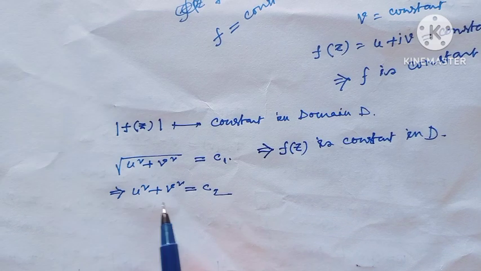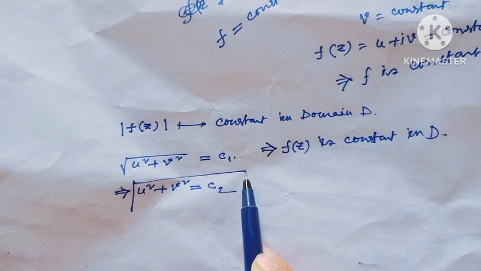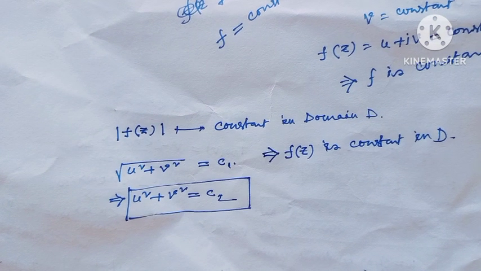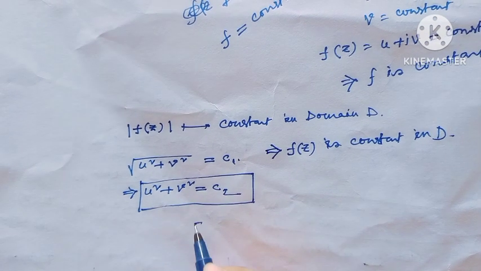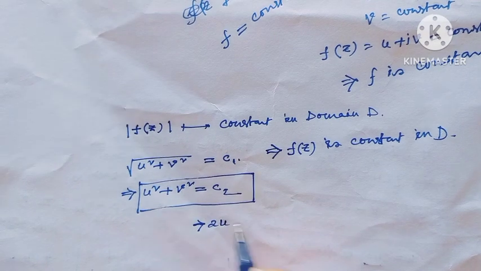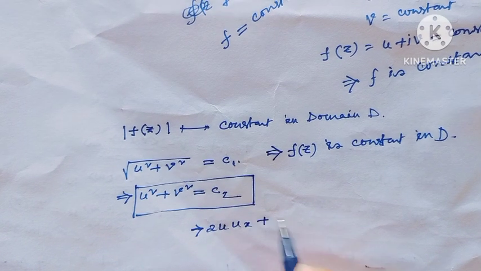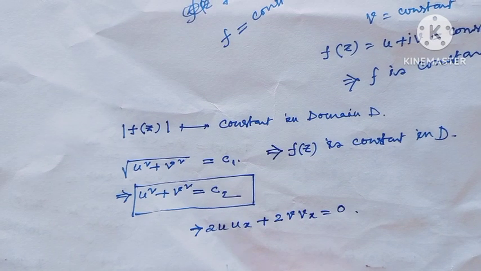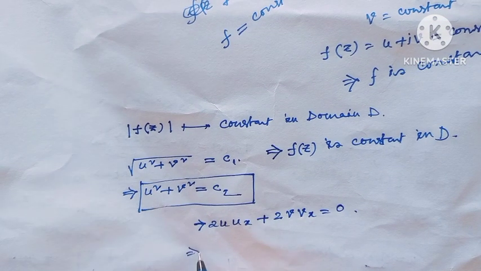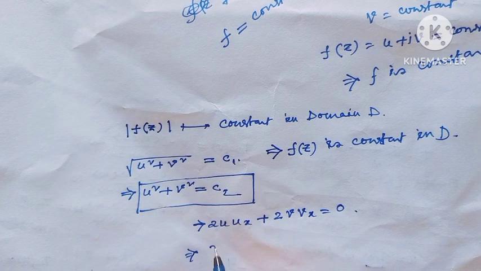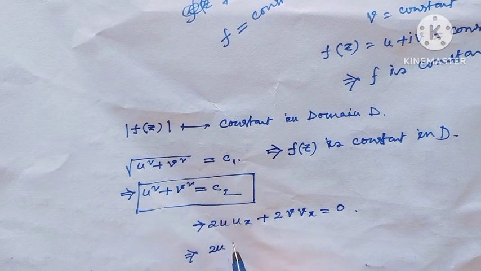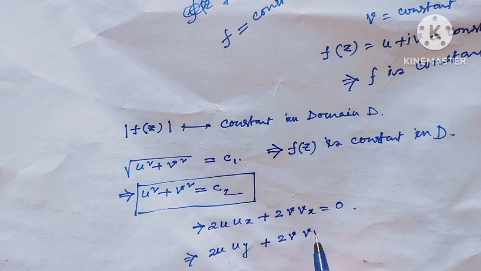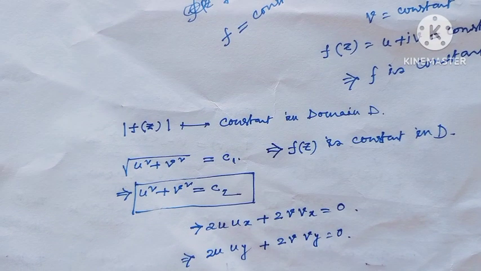For this, since our equation is u square plus v square equal to c squared, differentiate with respect to x, then that implies 2u ux plus 2v vx equal to 0, and differentiate with respect to y, that implies 2u uy plus 2v vy equal to 0.